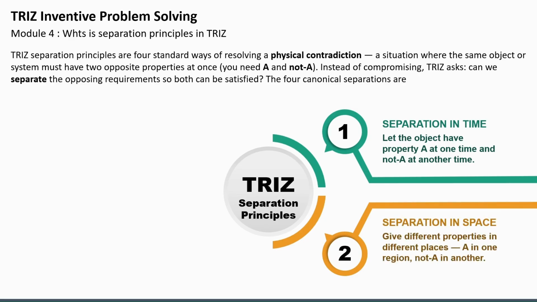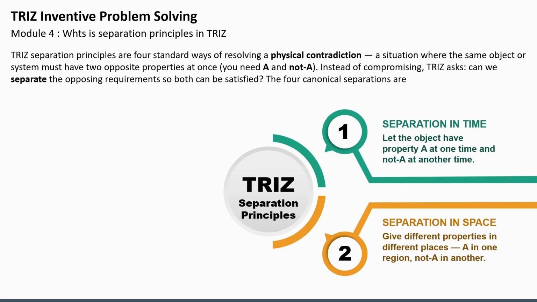Separation in space is nothing but giving different properties in different places: property A in one region, and property A should not be there in another region. For example, the front or the mating part of the tool must be rigid so that it is able to transmit force into another metal.